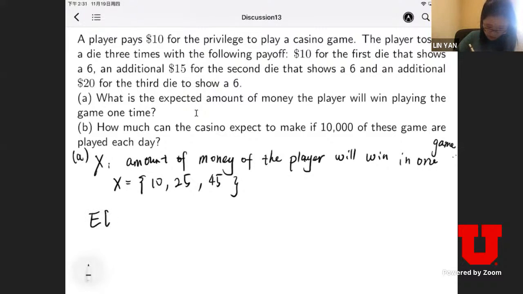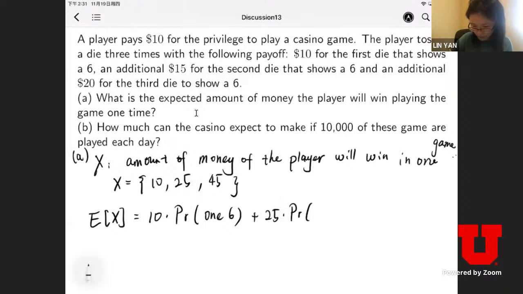So E(X) is equal to 10 times the probability that the player has one 6, or 1/6, plus 25 times the probability that the player has two 6s, plus 45 times the probability that the player has three 6s.